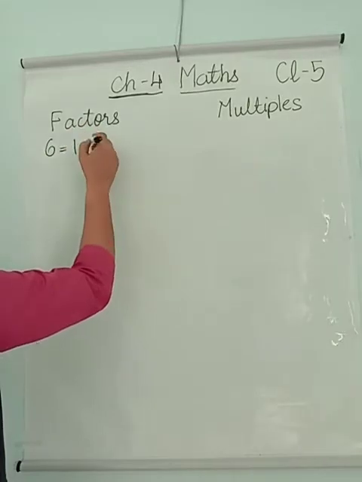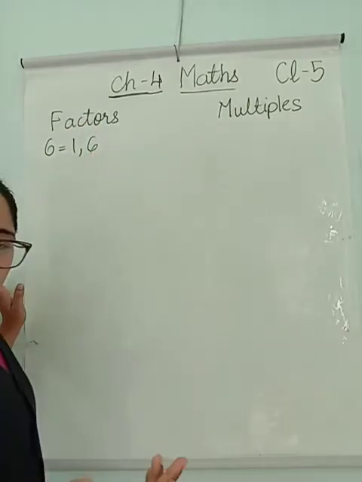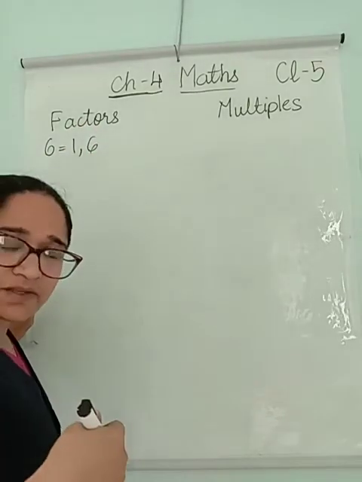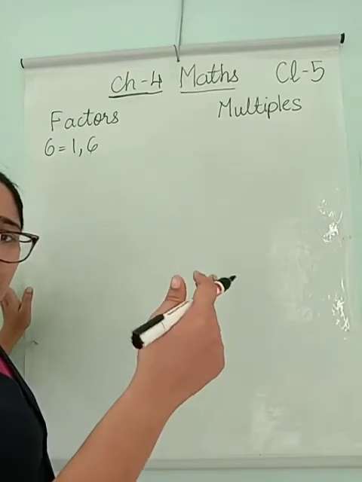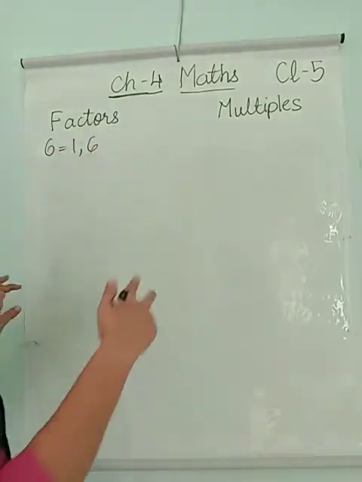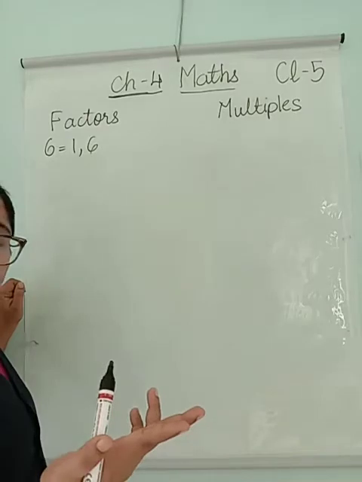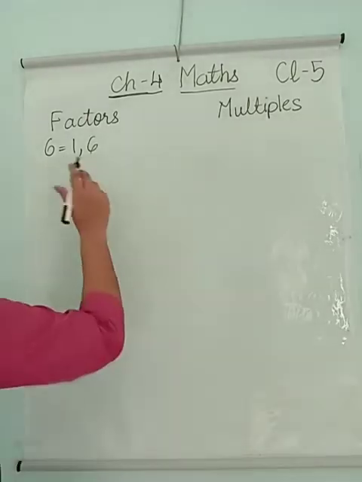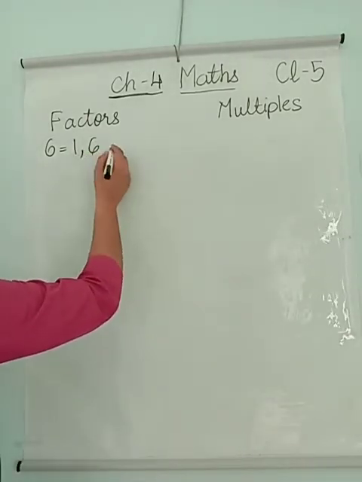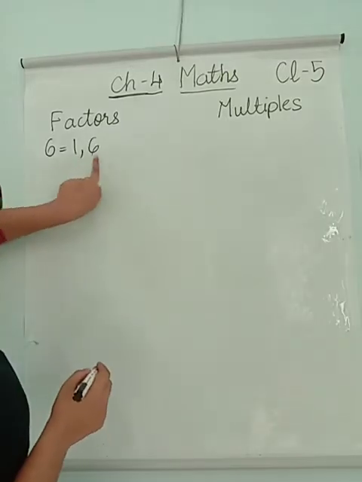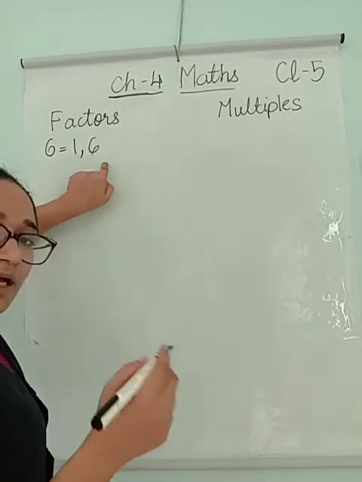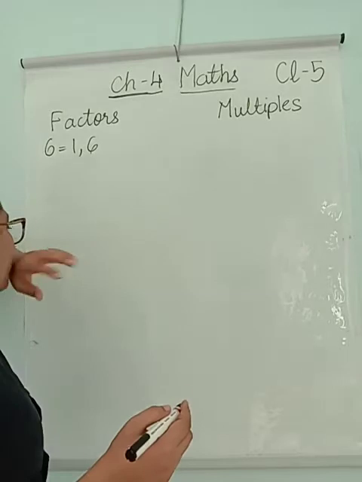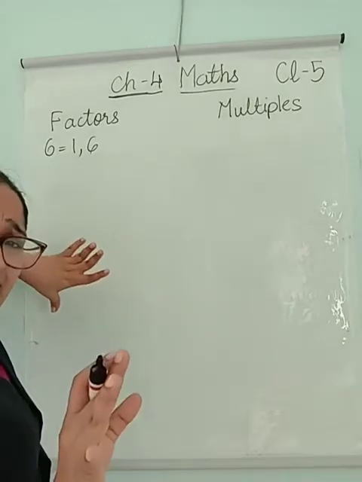Then the number itself, that is 6. Every number will come in the table of itself, that is 6 ones are 6. So 1 and 6 both are factors of 6. Now I have to look for other numbers as well. So 1 is done, I will start with 2. Does 2 divide 6 completely?